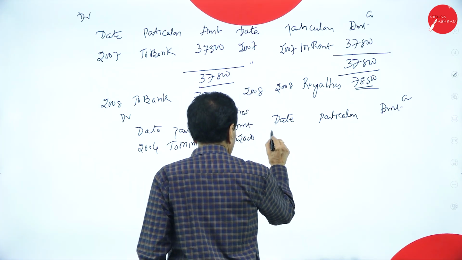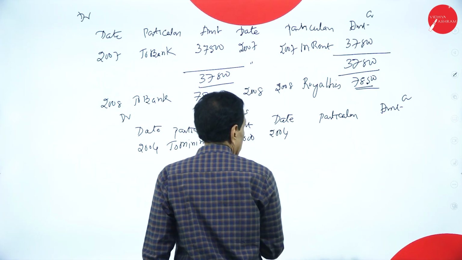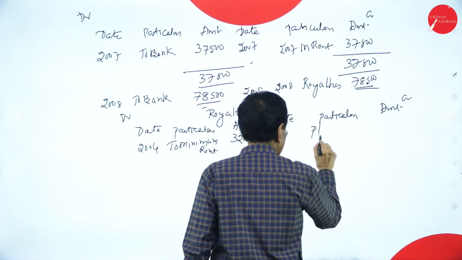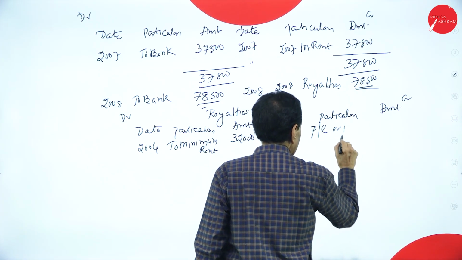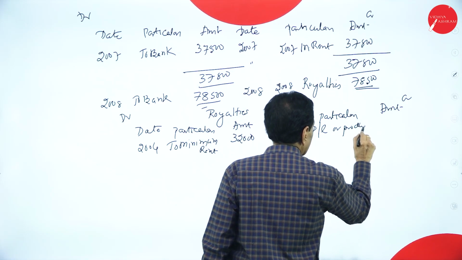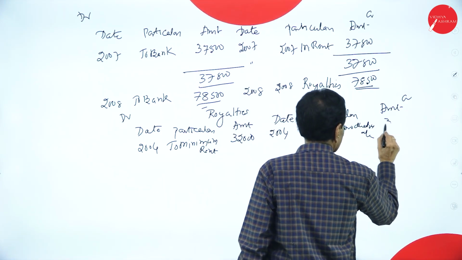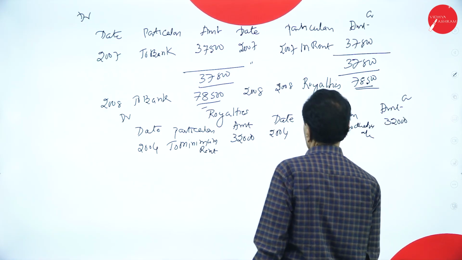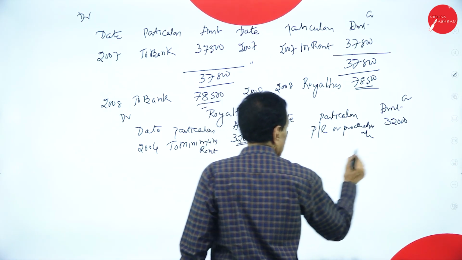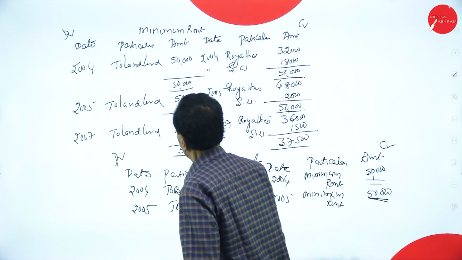Transfer to production, by profit and loss or production account, 32,000. What's next year?